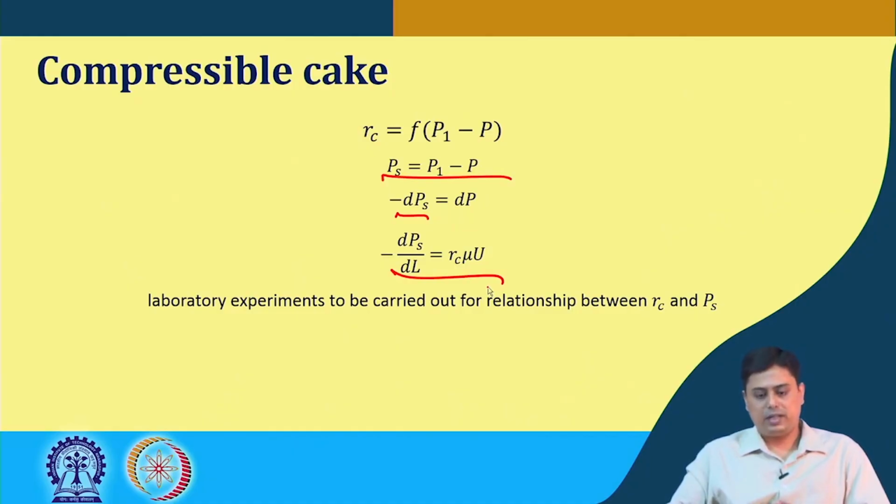If we have those data sets, we can use this expression and find the relevant expression for the time required to filter a certain volume V of the filtrate in case of compressible cake. So, the point you have to remember is that in case of compressible cake, the specific resistance varies with pressure.